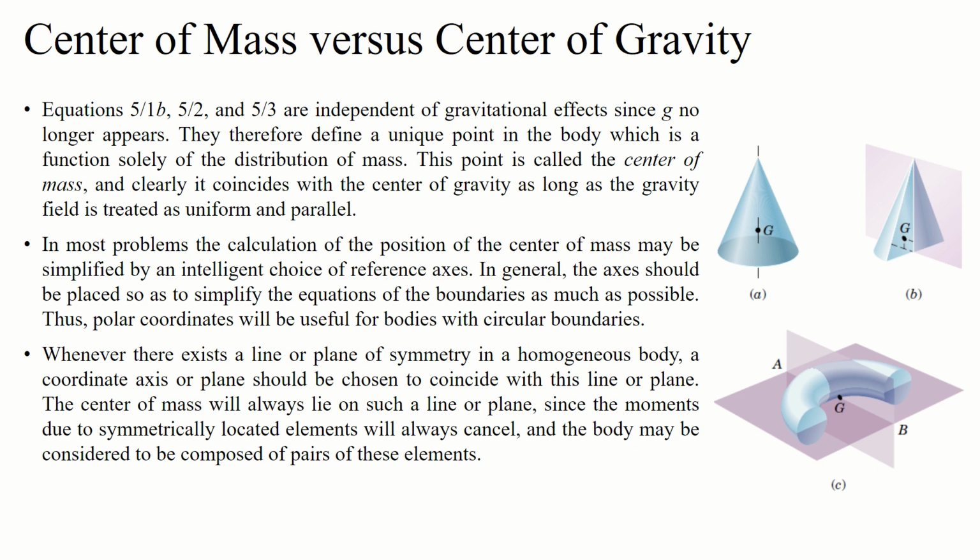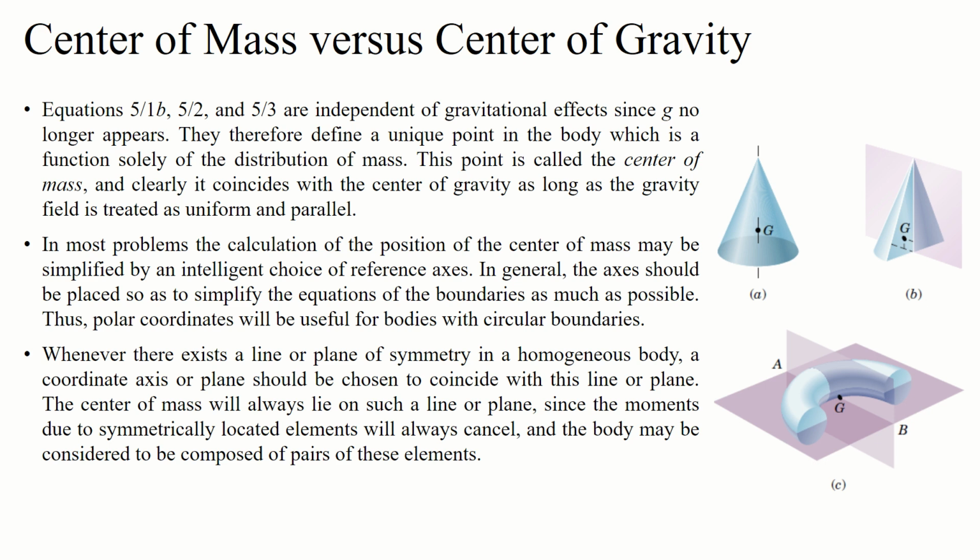This point is called the center of mass, and clearly it coincides with the center of gravity as long as the gravity field is treated as uniform and parallel. This means if you are within the Earth's field, the gravitational field is almost constant and the size of the object is very small. It is meaningless to speak of the center of gravity of a body which is removed from the gravitational field of the Earth, since no gravitational force would act on it.